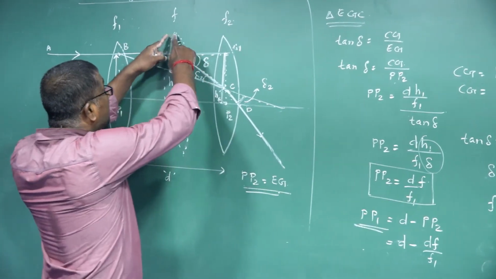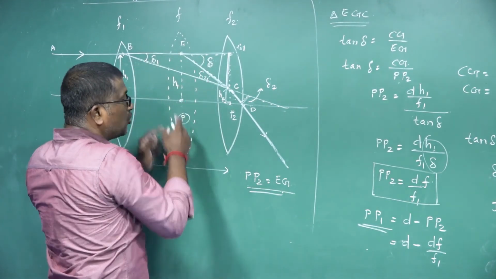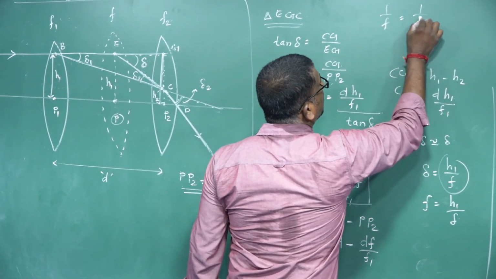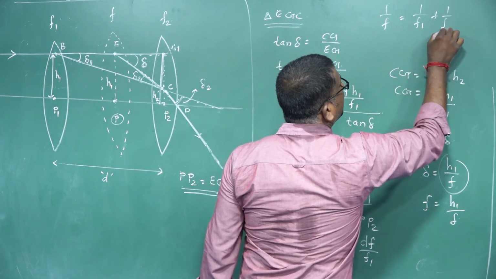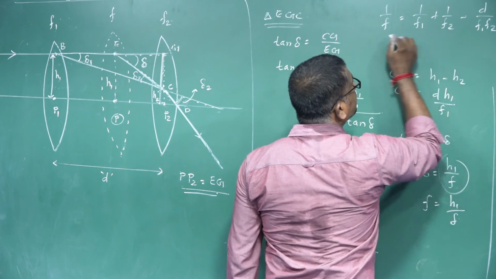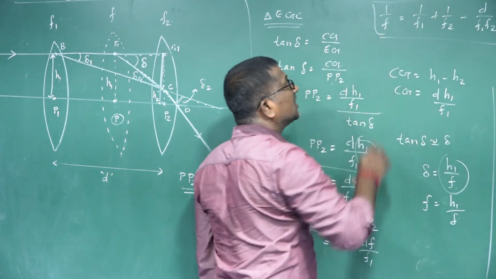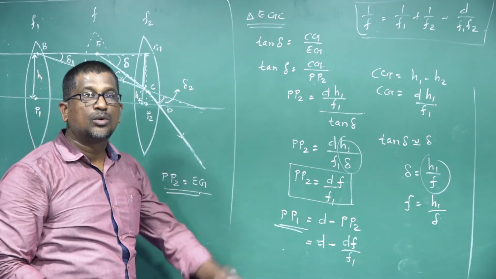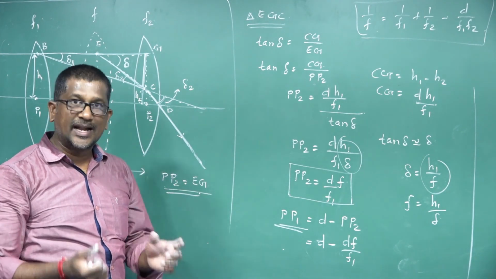Right. And the effective focal length of the new lens is given by 1 divided by F is equal to 1 divided by F1 plus 1 divided by F2 minus D divided by F1 into F2. Already I told you the focal length and the position of the new lens, that is the equivalent lens, can be derived.